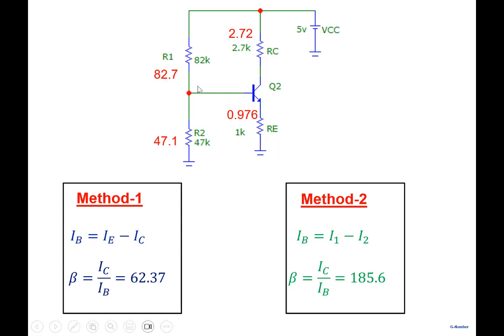It's not going to be exactly 82.7. It may be 82.73 or 4. We don't know. The multimeter didn't have enough accuracy to give me a three or four digit value. So these will have errors in them. Similarly, all the voltages that I measured will have errors in them. Method 1 gives 62.37, and method 2 also gave a little different value, 185.6.